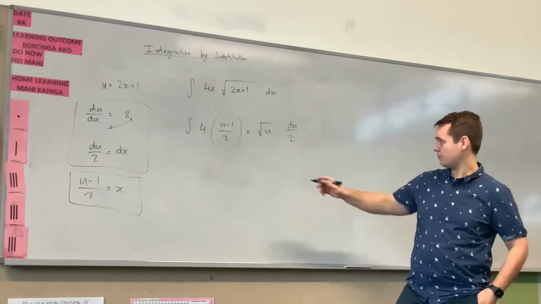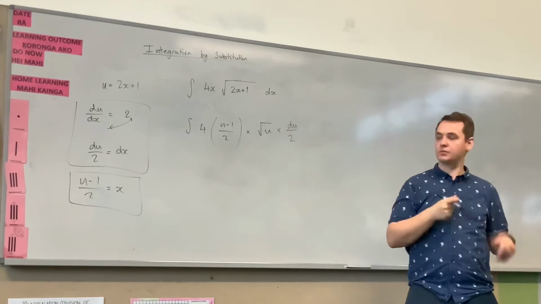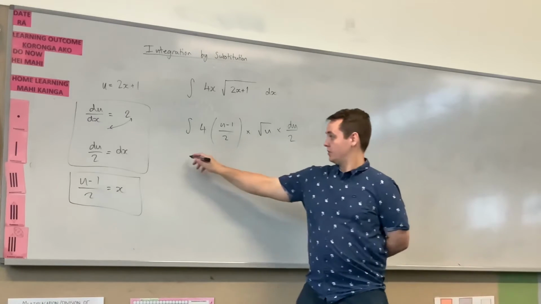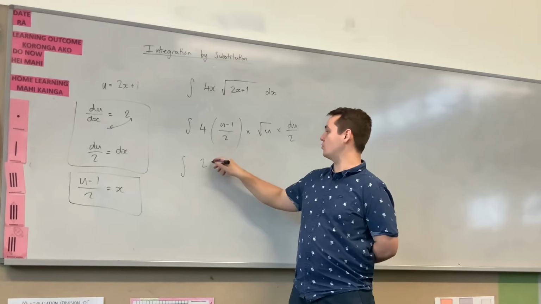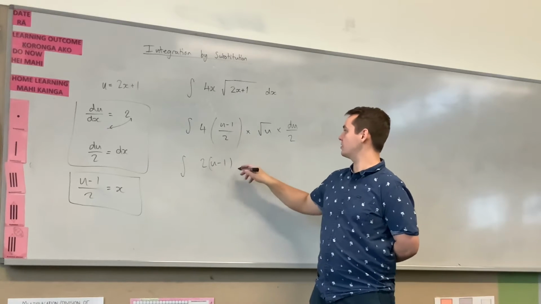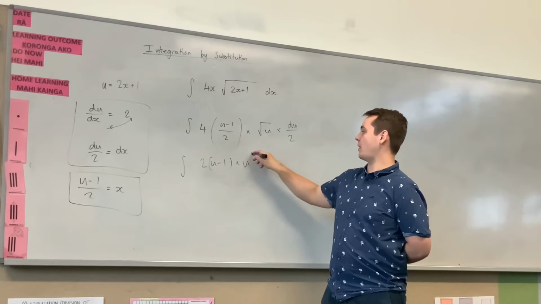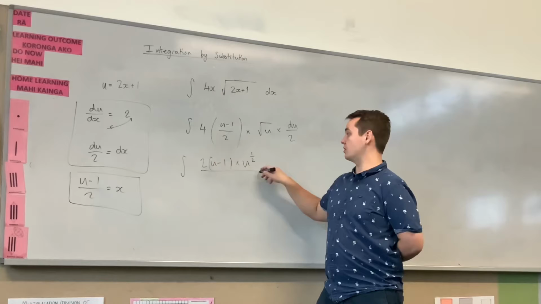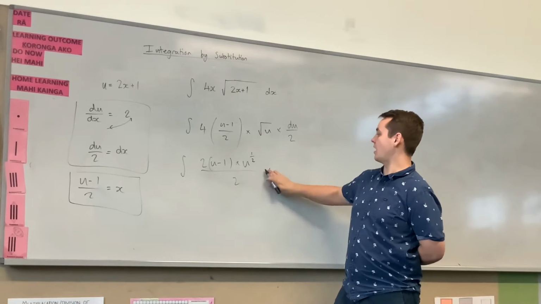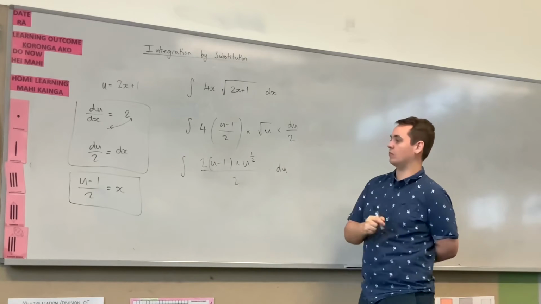So what does this become? Well, this becomes 2(u minus 1) times u to the power half, all over 2, with respect to u.